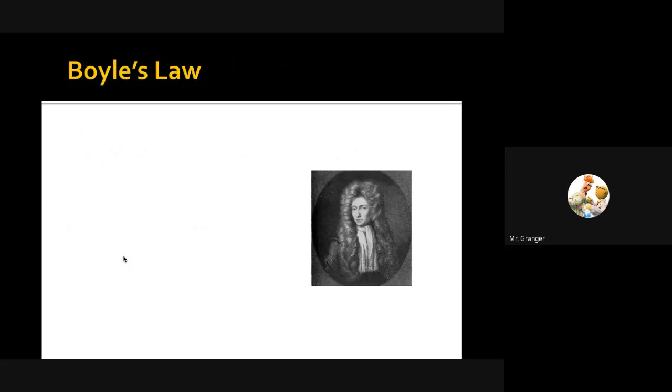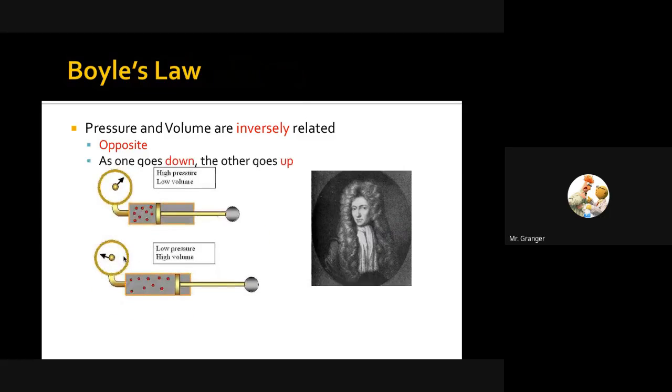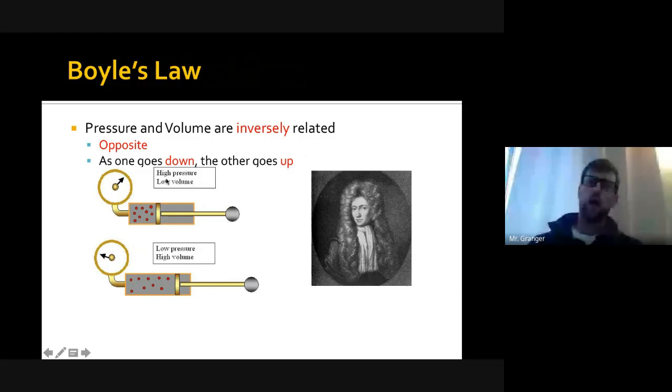So to start looking at the relationships that these different variables have within gas laws, we first of all want to look at the relationship between pressure and volume. An inverse relationship between pressure and volume means that as pressure goes up, or as it's high, here on our first diagram, the volume is low.